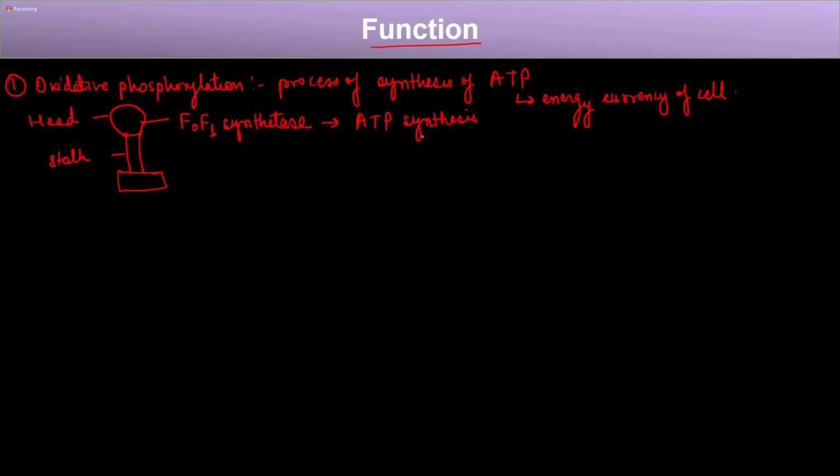And from what does it synthesize the ATP? It requires ADP plus phosphate. So with the help of ADP plus phosphate, ATP synthesis is done, with the help of an enzyme known as F0 F1 synthetase. So the major function of mitochondria is oxidative phosphorylation.